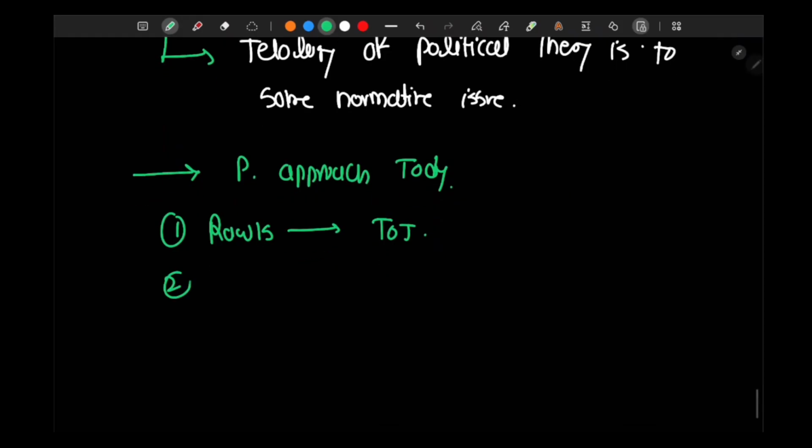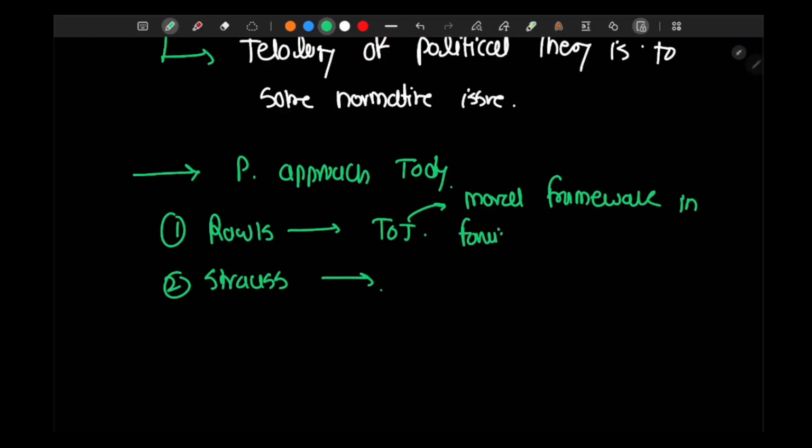Then there is Leo Strauss. And Rawls suggests his theory of justice is a moral framework in forming public policy.